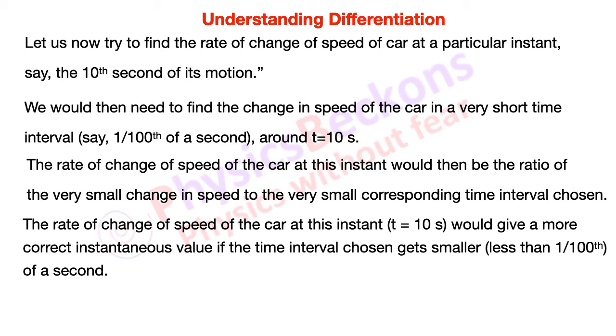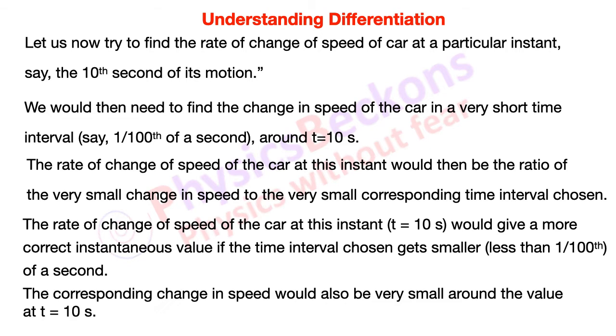The rate of change of speed will be more correct if the interval chosen gets smaller, maybe less than 1/100th of a second, say call it 1 by 1000 or still smaller.